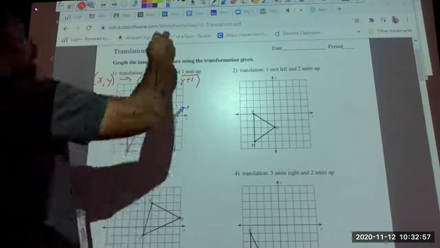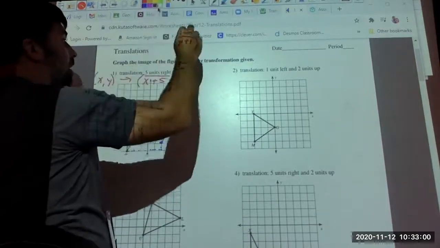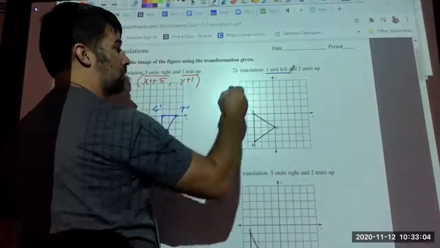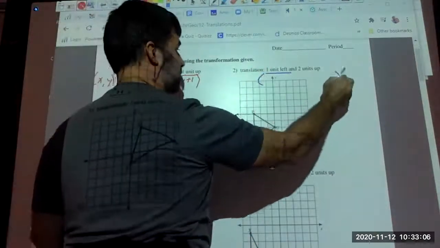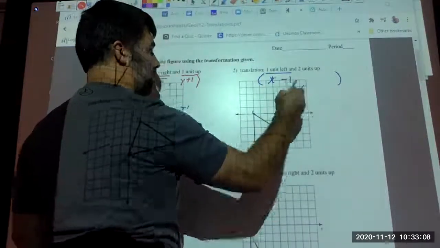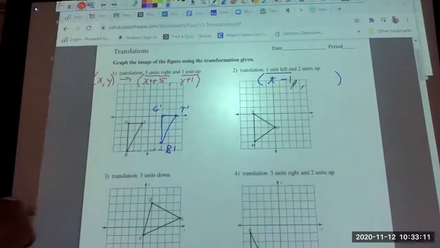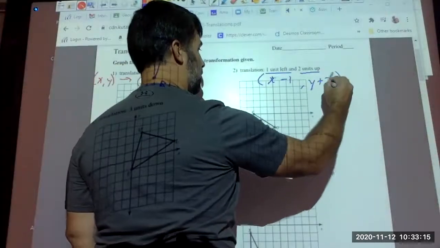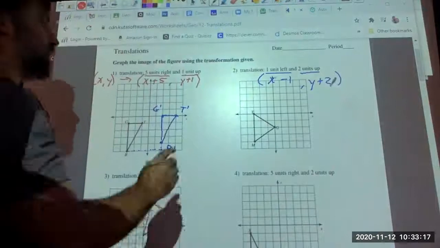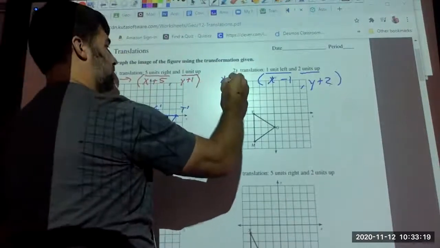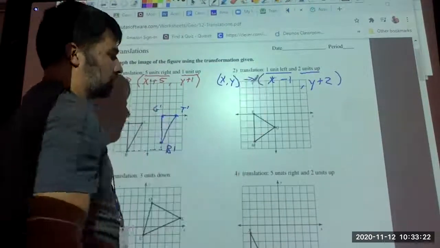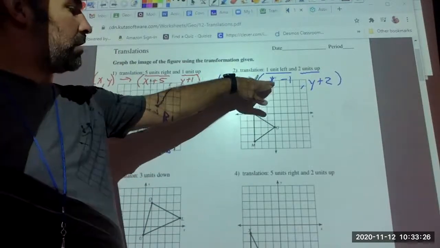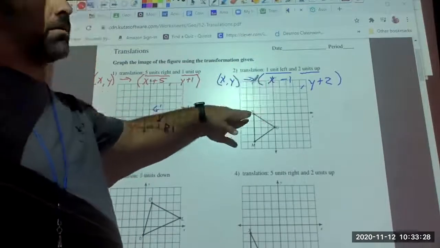Okay, we'll do another one. All right, this one says left 1. So left 1, that's going to be x minus 1. Again, x-axis goes left and right. 2 up, that's y plus 2. So I'm taking every coordinate. In this case, this is -3, 0. So I'm subtracting 1 from the x, I'm adding 2 to the y.